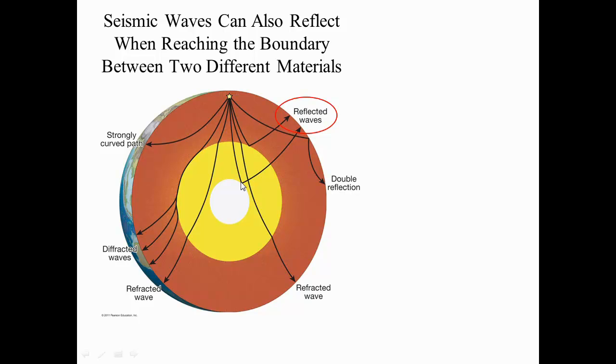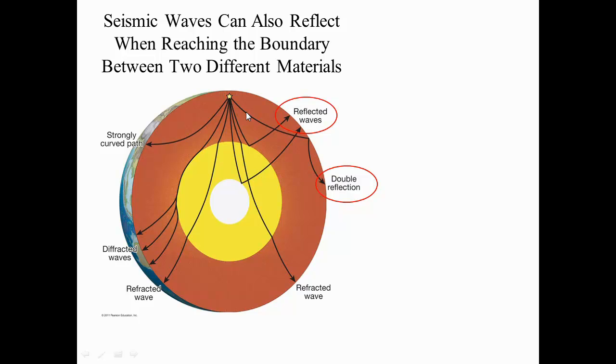And the second reflected wave has bounced off the boundary between the outer core and the inner core. This reflection in turn will then return these waves to the surface where seismograph stations located within that particular region will record them.